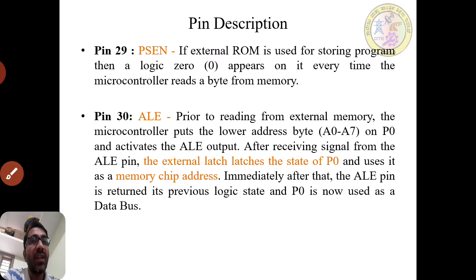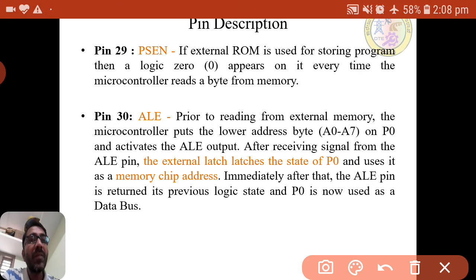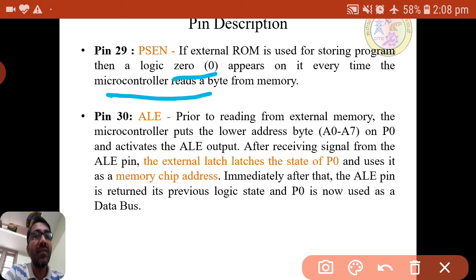Okay, this is port 2, and then PSEN, which is program store enable. This is a control signal from the memory, connected to the microcontroller. If an external ROM is used for storing the program, then logic 0 appears on it every time the microcontroller reads a byte from memory.